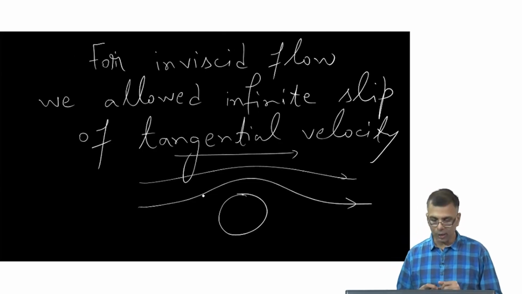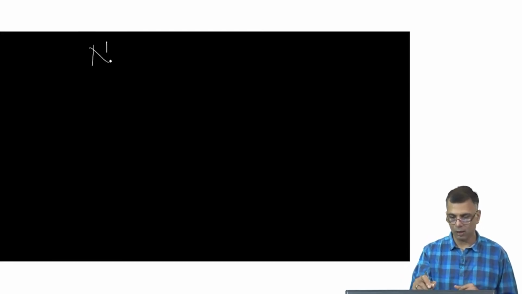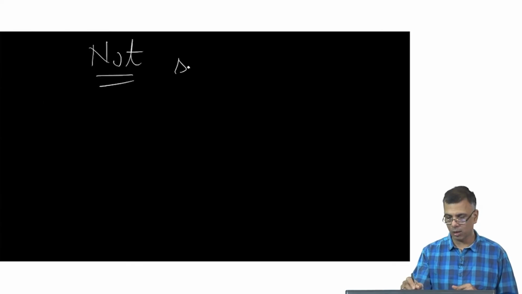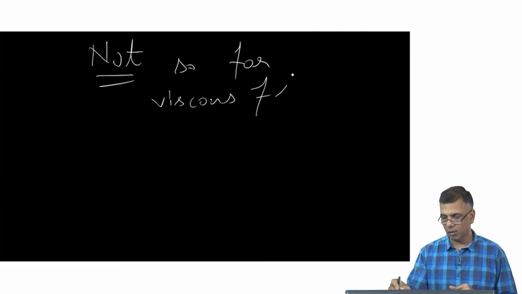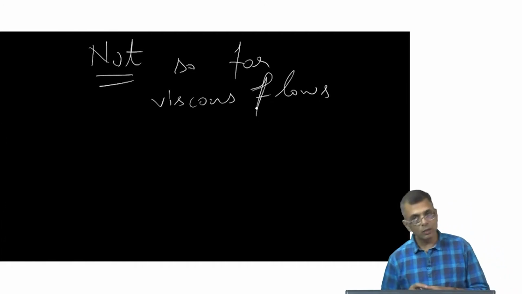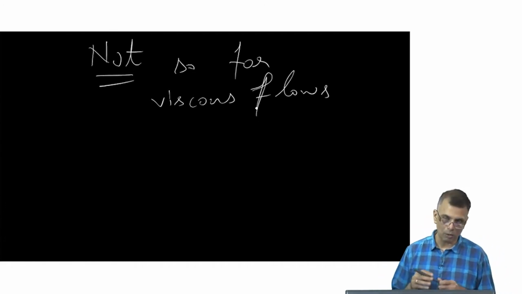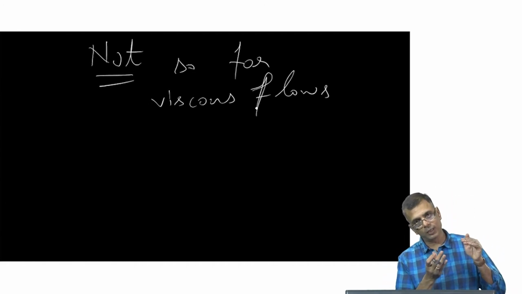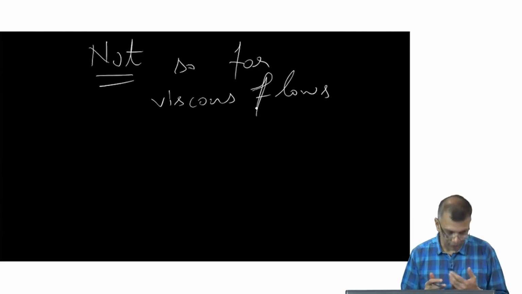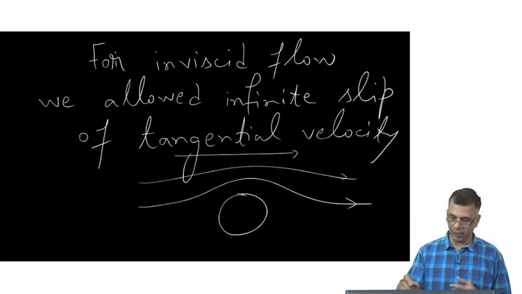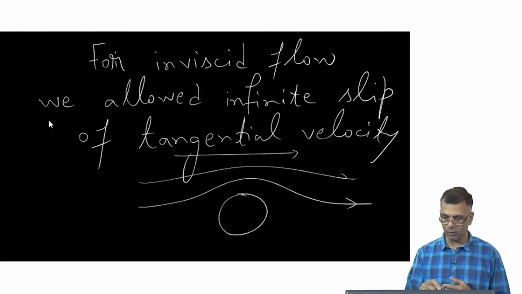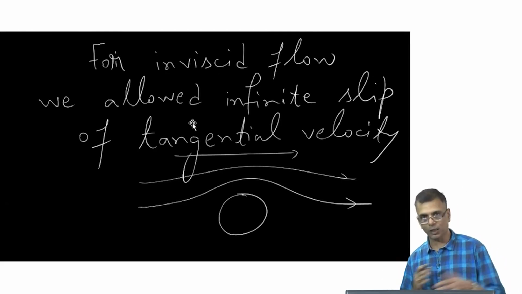But not so for viscous flows. This is intuitively obvious also. The whole point of viscosity is that the fluid sticks. You cannot allow for as much slip as you want.